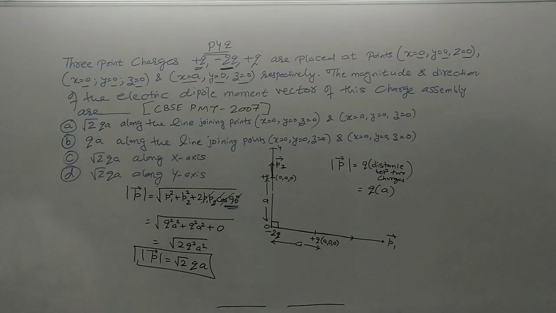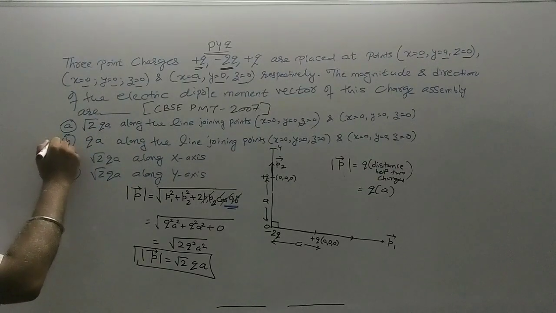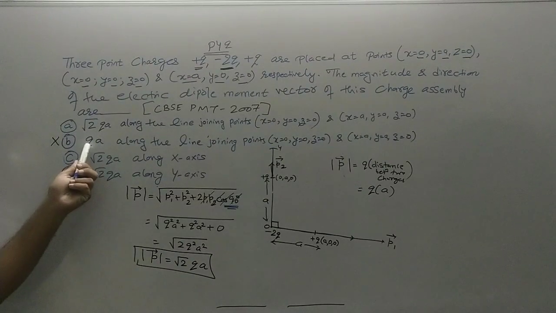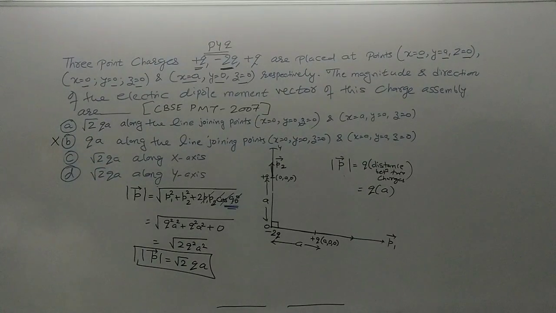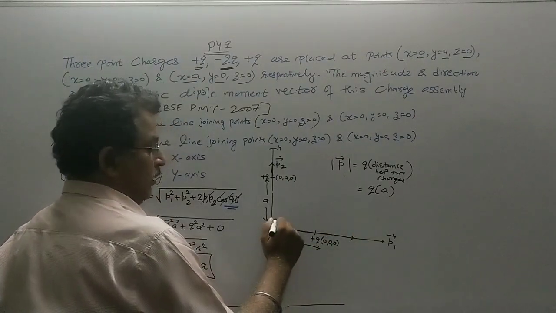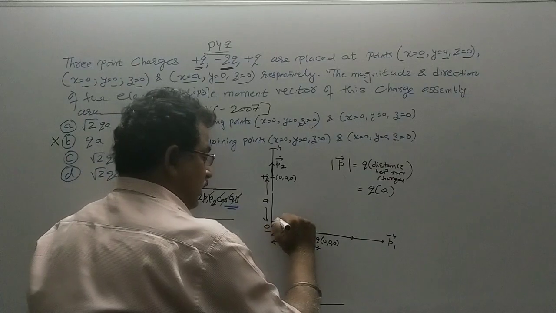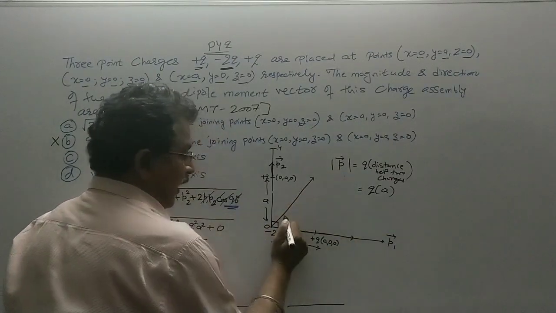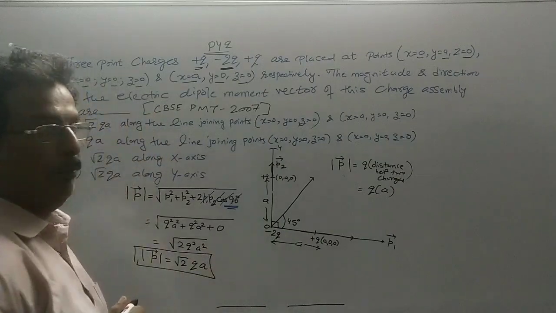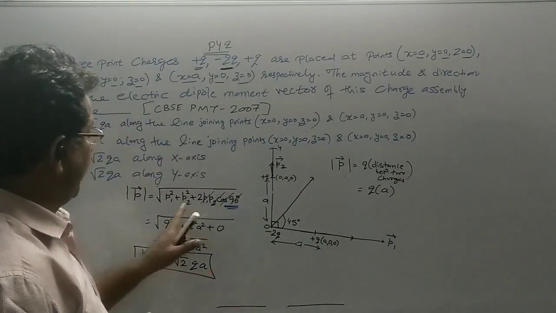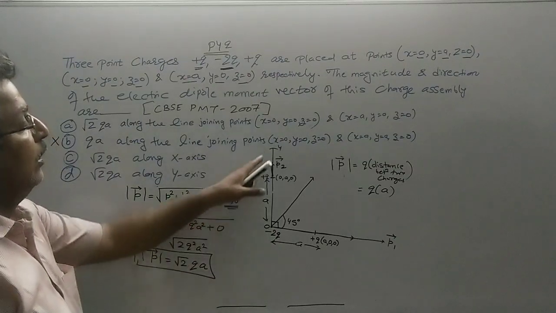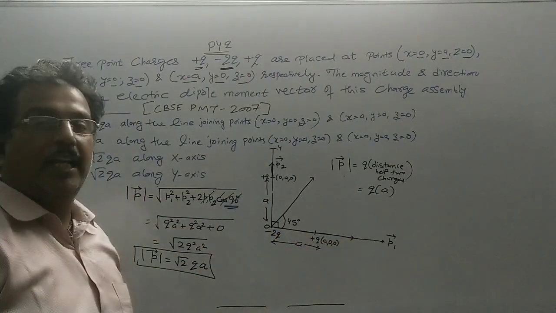If we refer to the solution, this option is eliminated because the magnitude given is qa. Now the resultant of both the dipole moments makes an angle of 45 degrees with the x-axis, because the magnitude of both dipole moments is the same, and they are making an angle of 90 degrees.